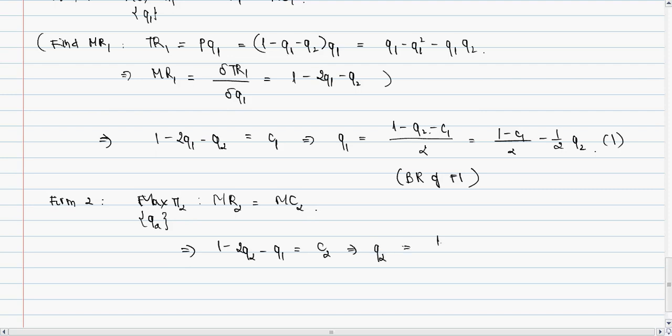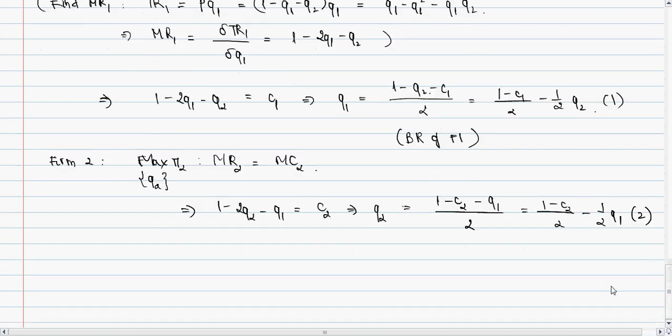Therefore, Q2 will be equal to (1 minus C2 minus Q1) over 2, which is equal to (1 minus C2) over 2 minus half of Q1. Given the amount chosen by the first firm, the second firm will choose Q2 according to this equation in order to maximize the profit.